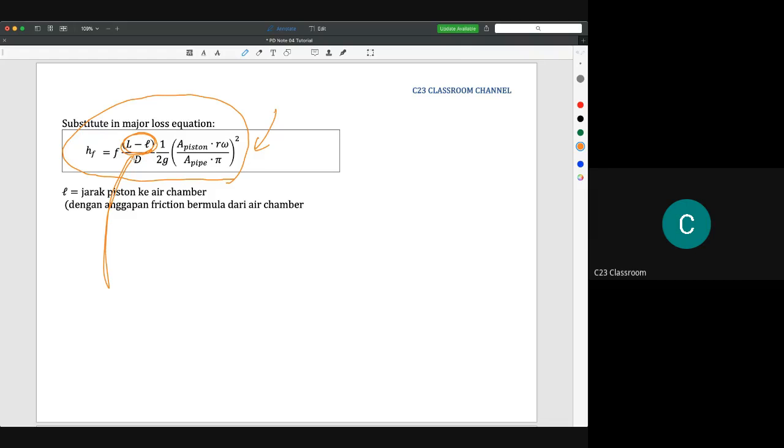Because we know that the air chamber is located 20 meters from the piston, the rest, which is 180 meters, is the distance where the air chamber creates a steady flow inside that pipe. So we need to use L minus L here to determine the length of pipe after the air chamber.